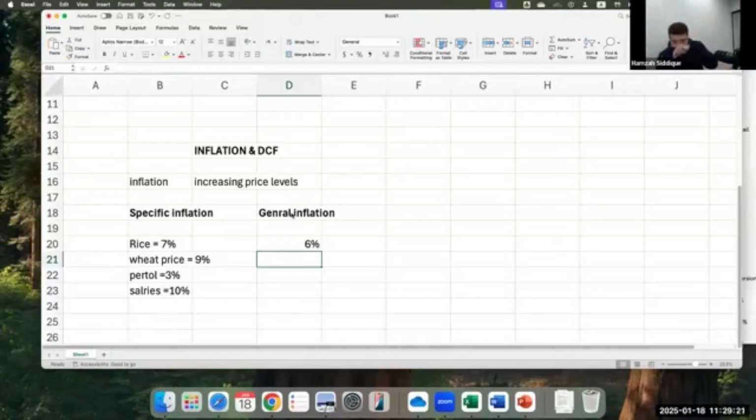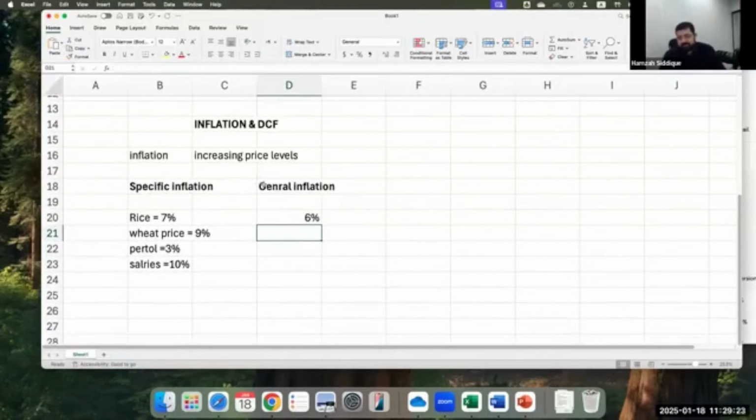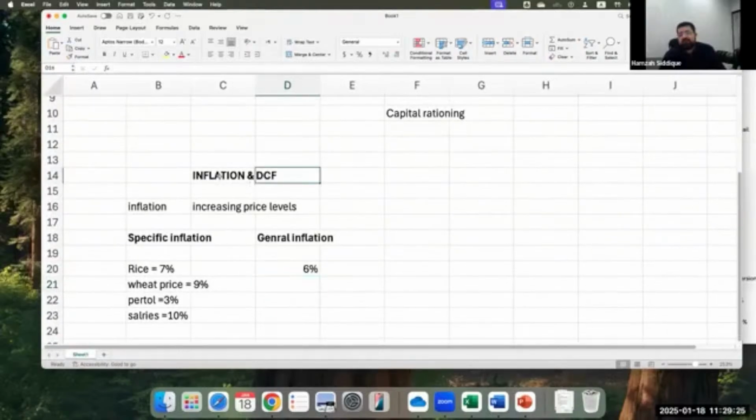So the point is how inflation affects discounted cash flows. The effect of inflation is two-sided.